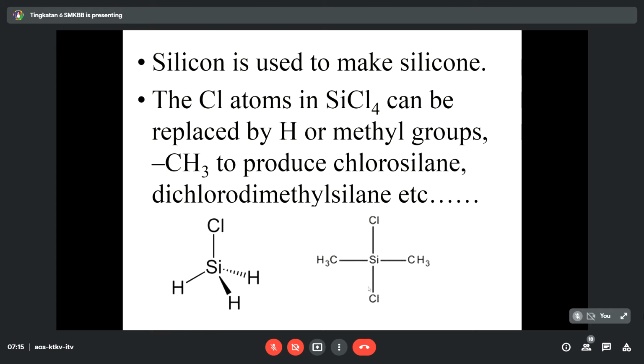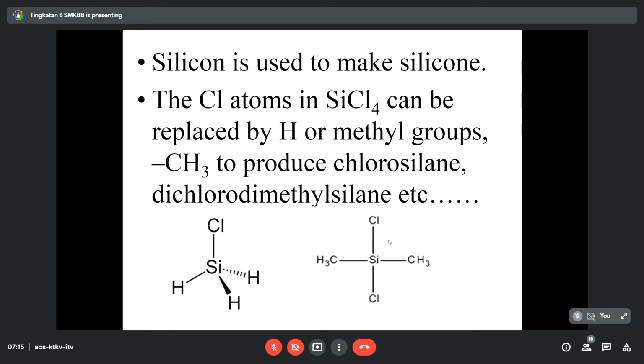Now, it may not be dichloro. It can be trichloro, 3Cl, 1CH3. This one, I put 2Cl. With 2Cl, normally you are able to get a straight chain, one long chain.